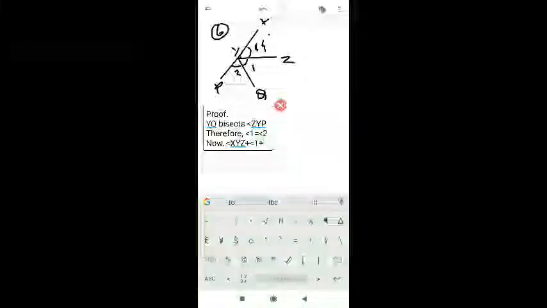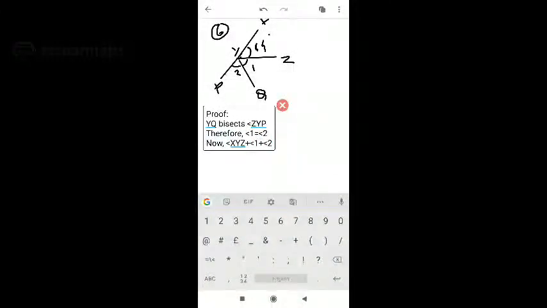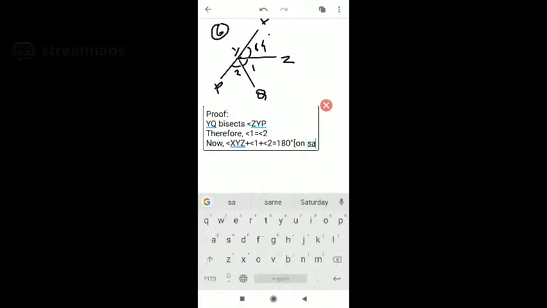Now we can see 1 plus 2 plus 64, that means angle 1, angle 2 and angle XYZ are all on the same straight line. So the sum of all these will be equal to 180 degrees. So we will write angle XYZ plus angle 1 plus angle 2 equals 180 degrees because they are on the same line.